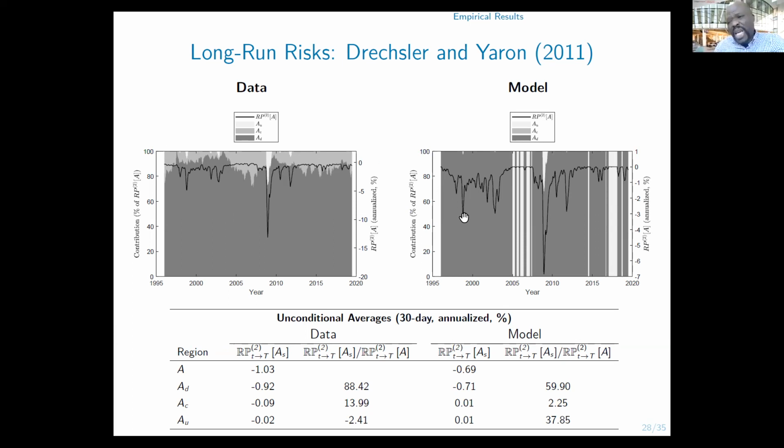The right-hand side graph is the result that we get in the direction arrow, which seems to be not close to the data as well. But when you look at unconditional results, we have minus 1.03, which is the total variance risk premium on average, and this is what you see in the model. Again, the model seems to do a little better when you look at unconditional results, but when you look at conditional results, it fails.